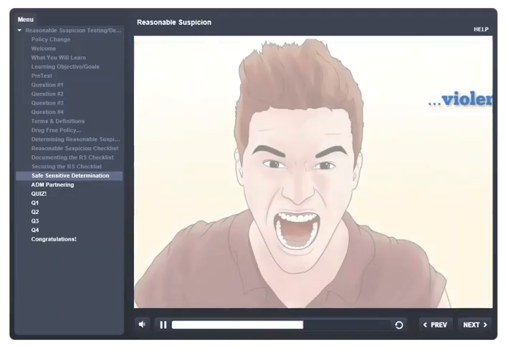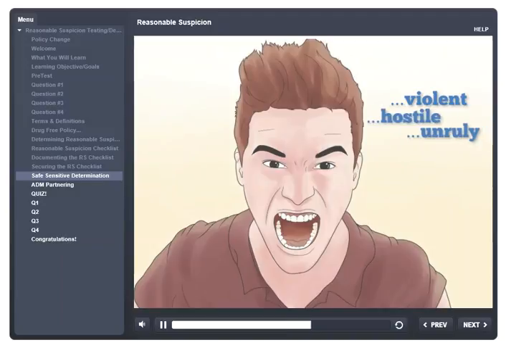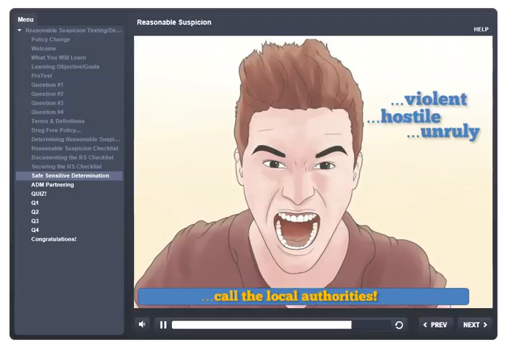They may become violent, hostile, or unruly. In cases where team members become violent, hostile, or unruly, you should call the local authorities. If they do not seem to be a danger to themselves or others, then they can just continue with their normal tasks until your ADM responds with their decision.